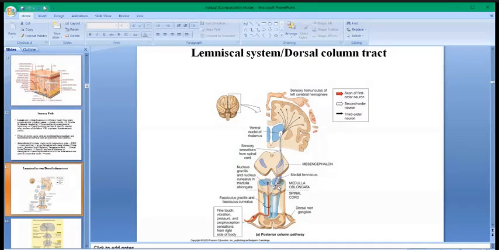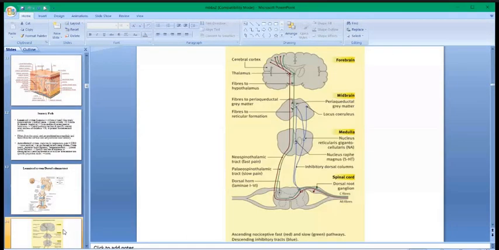In case of crude touch, pain, temperature, first order neuron ends here, same side. Second order neuron crosses, goes to the contralateral side. Ipsilateral side means same side. Contralateral side means opposite side.